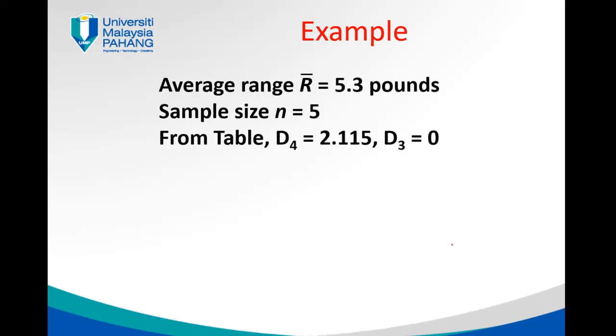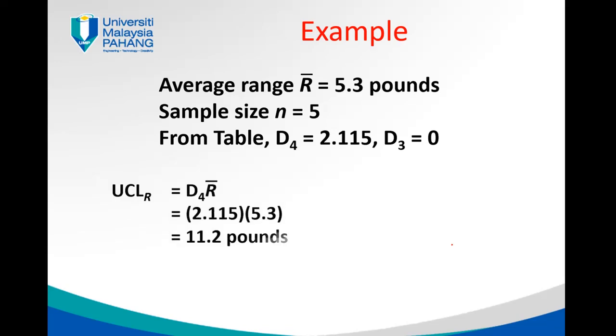So for average range, this is an example. For average range 5.3 pound, sample size equal to 5. Then from the table, D4 is 2.115, D3 equal to 0.